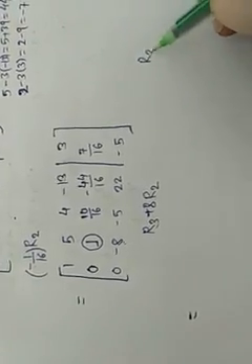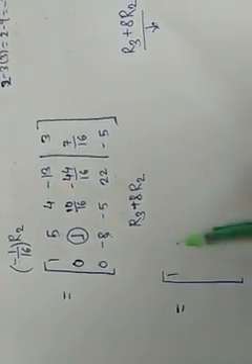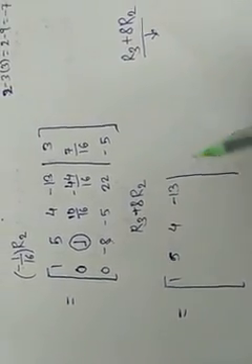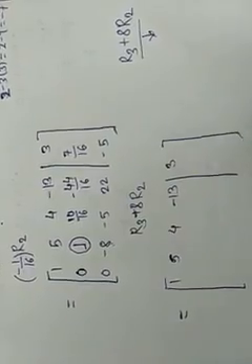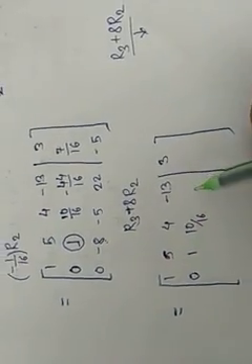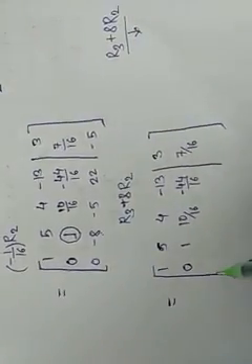So we calculate here R3 plus 8R2. First we write as it is: 1, 5, 4, minus 13, 3, and 0, 1, 10 upon 16, minus 44 upon 16, 7 upon 16, 0.